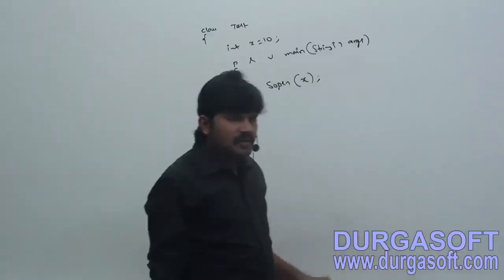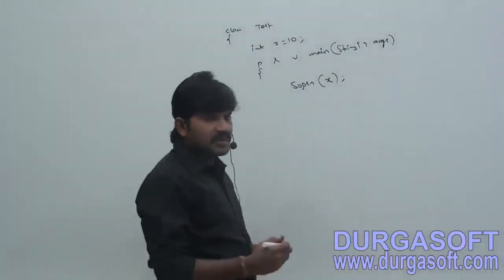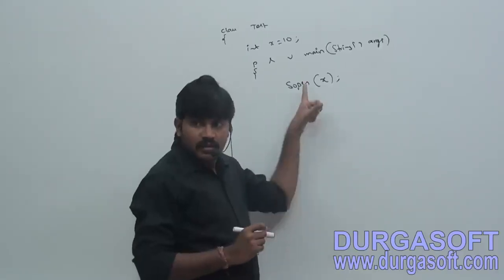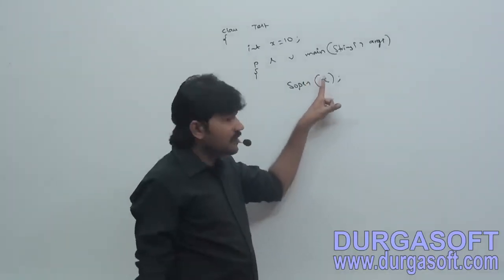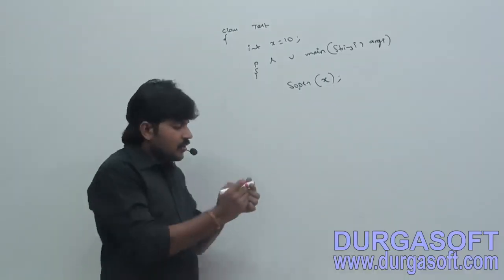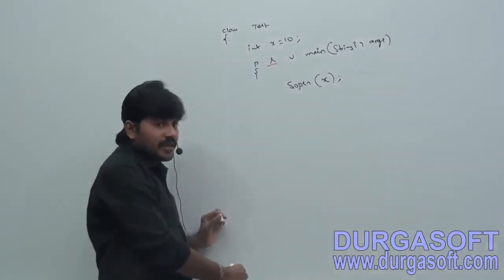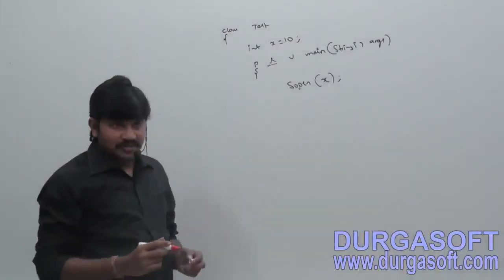Sir, can you tell, is it valid or invalid? SOP of x, valid or invalid? Invalid. We are going to get a compile time error, because the main method is a static method. Static method means nowhere related to object.